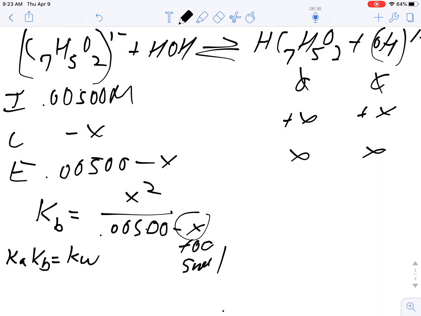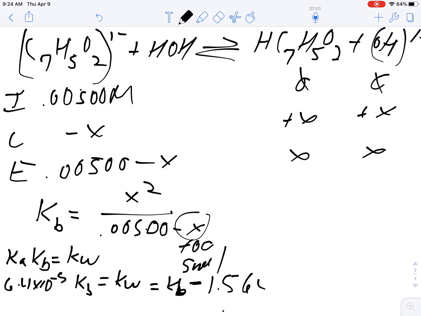The Ka is given to us as 6.4 times 10 to the negative fifth. So my Kb is going to equal 1.56 times 10 to the negative 10.